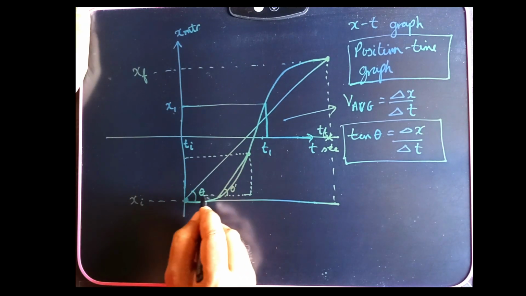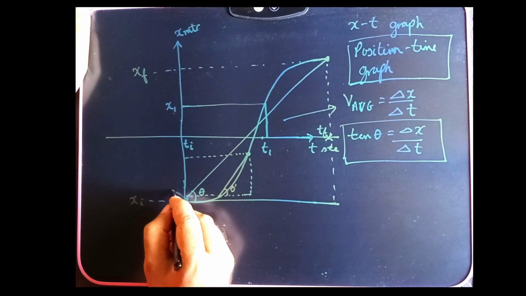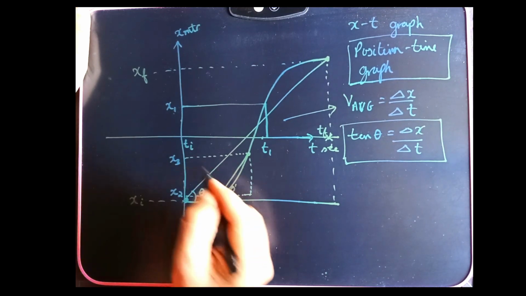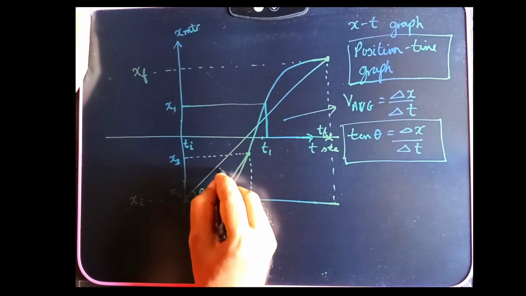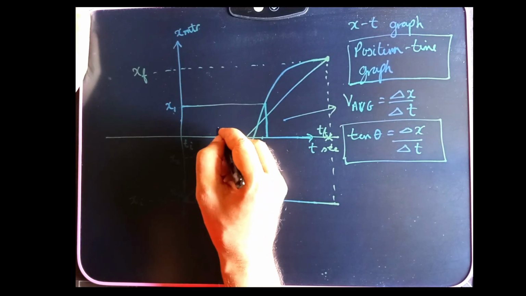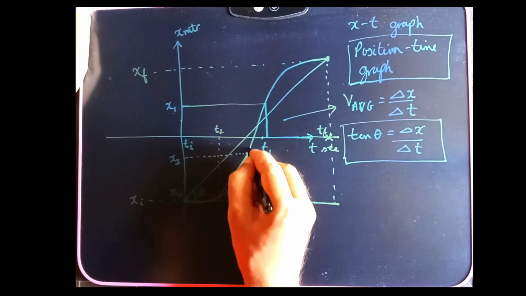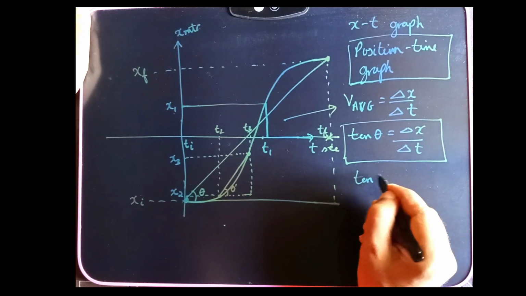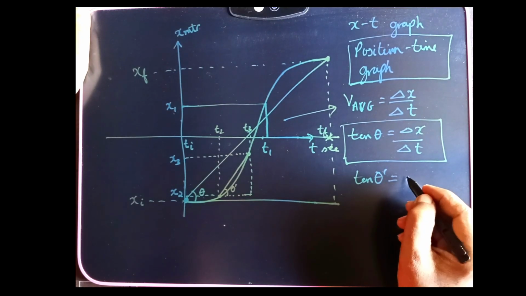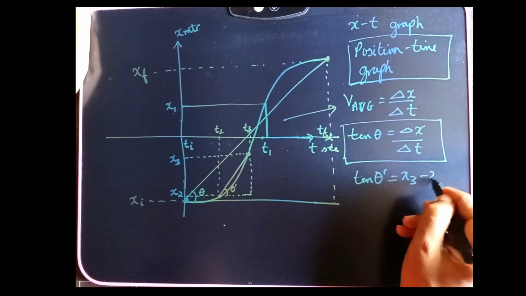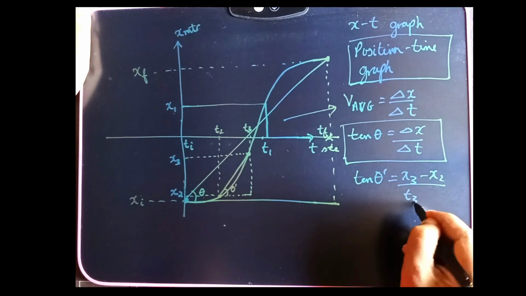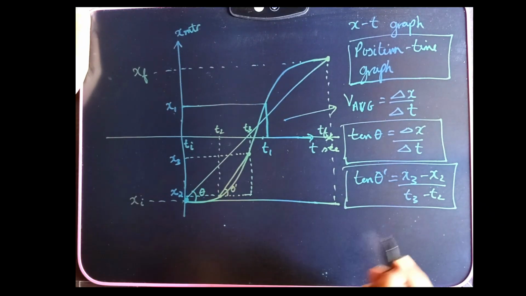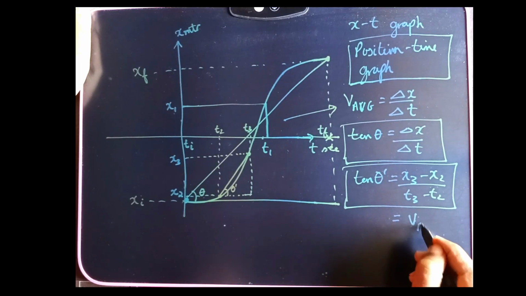Let me call these 2 points x2 and x3, and this time interval I will denote as t2, and this time interval will be t3. So the slope theta dash will become equal to x3 minus x2 divided by t3 minus t2. This is going to be the slope of the graph, which is also equivalent to average velocity.